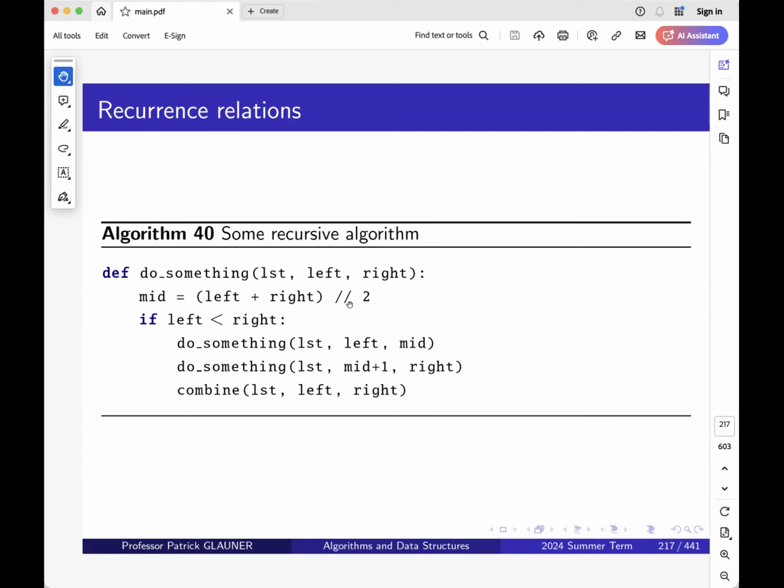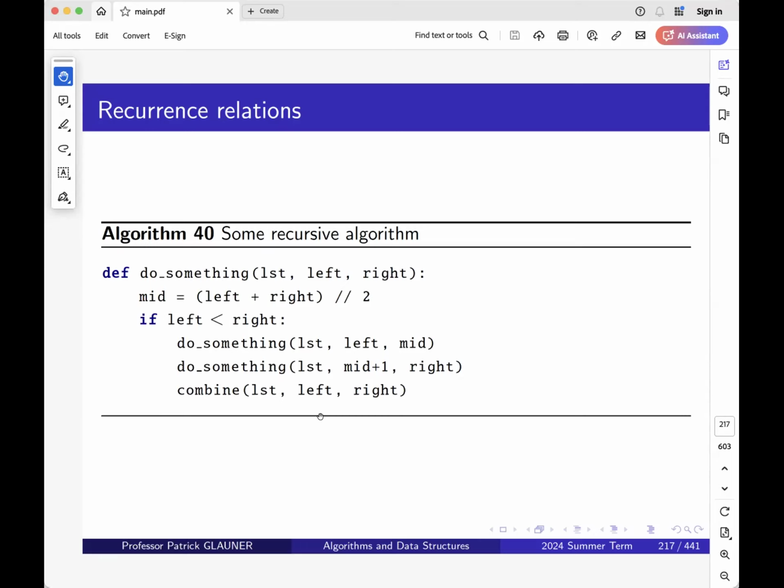We calculate the middle, and then if left is less than right, we do something on the left part and then on the right part. And then eventually we combine this. So we're doing a recursion on the left part on the list from left to middle, and from middle plus 1 to the right. So we have a recursion and then another recursion, and then we combine this.